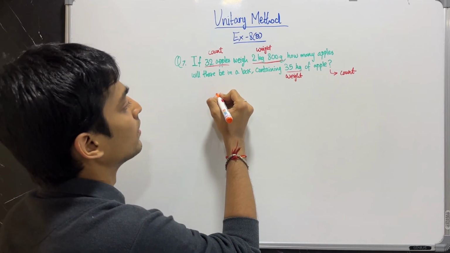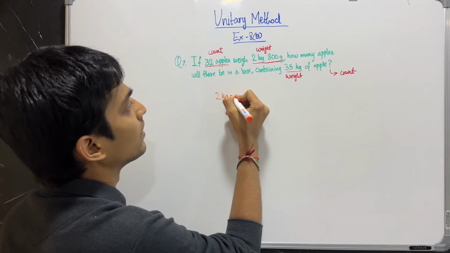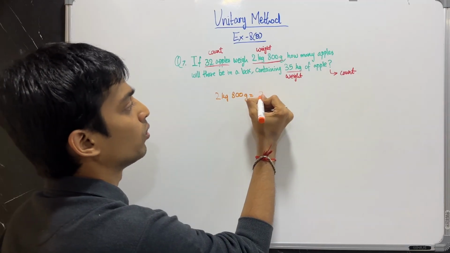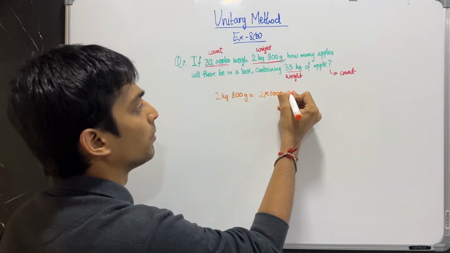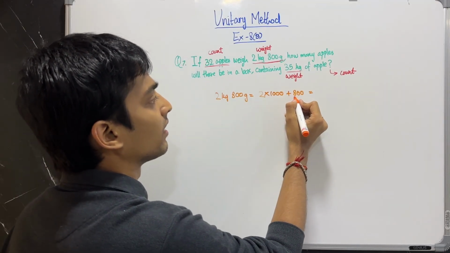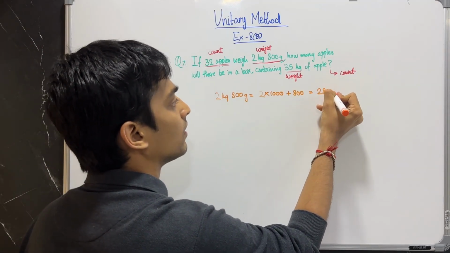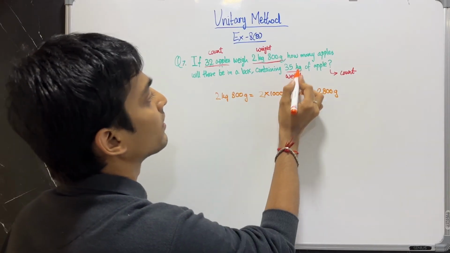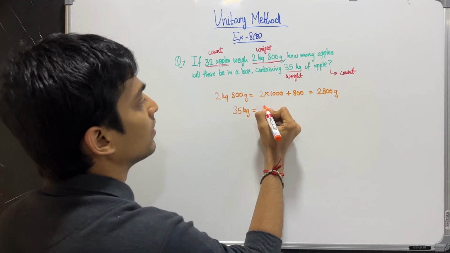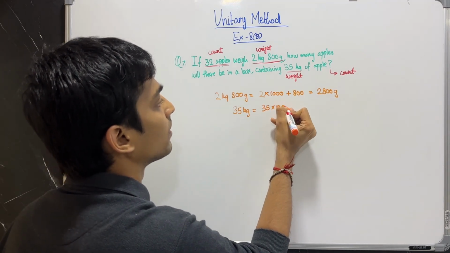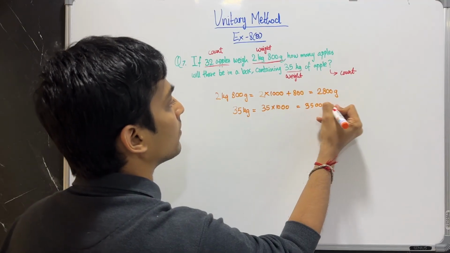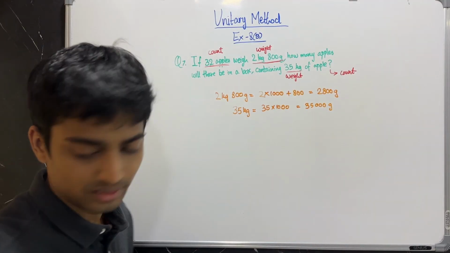So 2 kg 800 gram: 1 kg is 1000 gram, so 2 multiplied by 1000 plus 800 is 2000 plus 800, which is 2800 grams. And 35 kg will be 35 multiplied by 1000, which is 35,000 gram. Okay, we got these two values now.